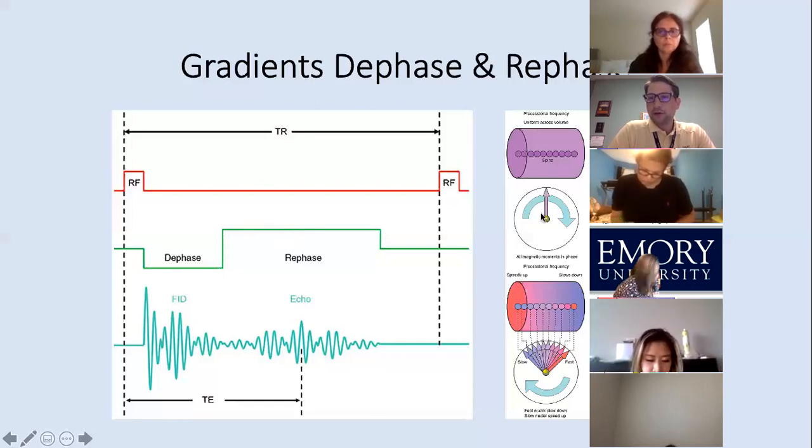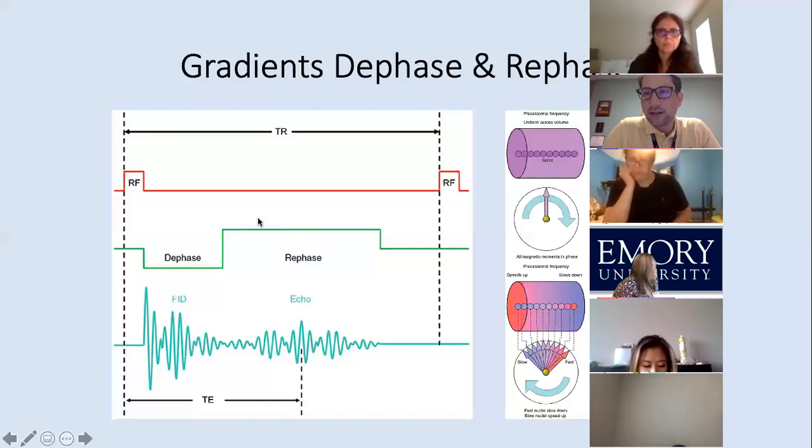Here on the right it's showing you that when you apply the dephasing, all the spins start to go incoherent or out of phase. But then you apply the positive lobe, and they come back together until they're back in phase. And then you sample at peak echo. So it works almost the same as that 180-degree refocusing pulse, but it's not as efficient.